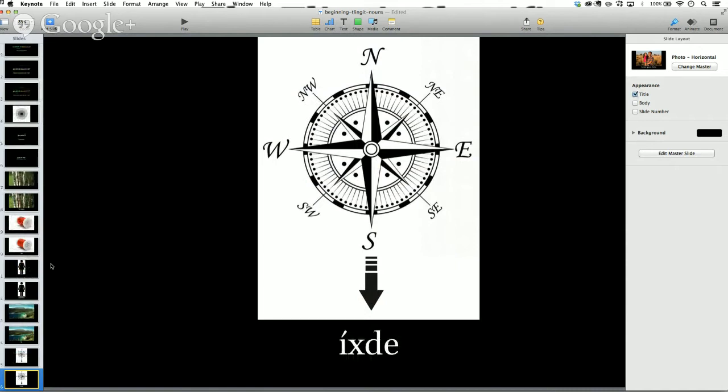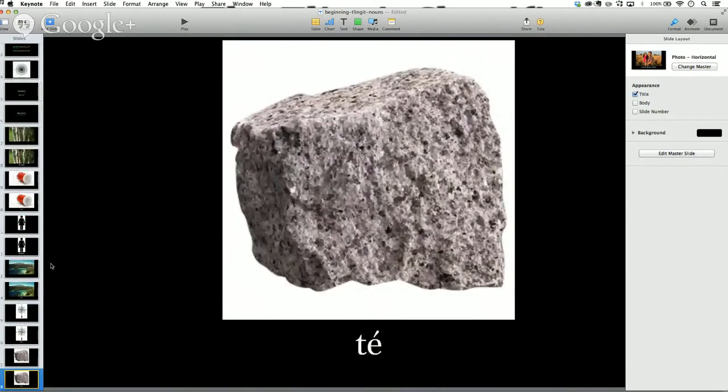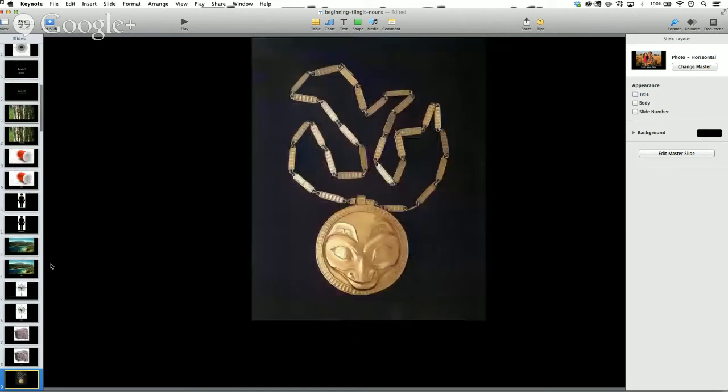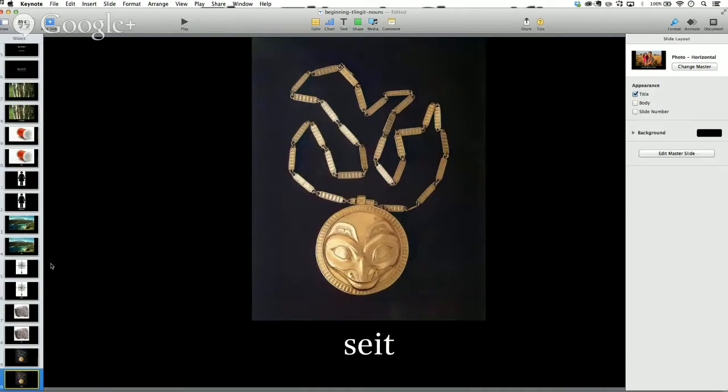Ichte. Dasaway. Okay. Te. Dasaway. Sate. Dasaway. Sate away.